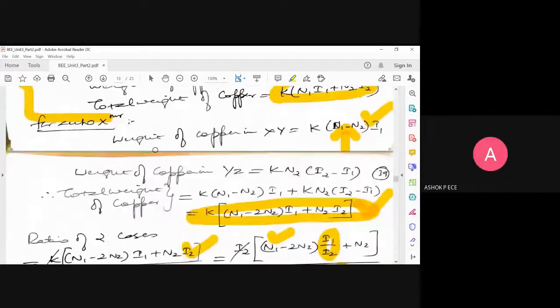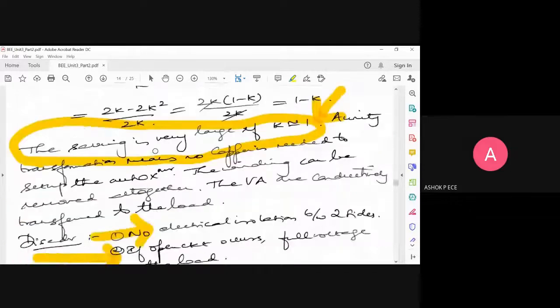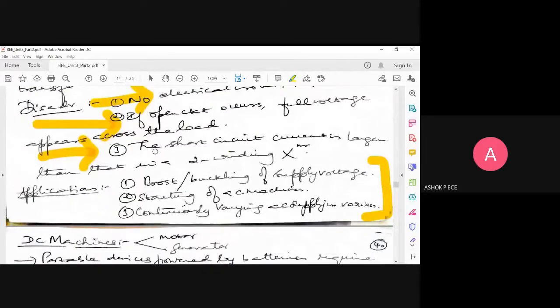Same example, just like how for smart TVs in your house you have stabilizers, right? Because your TV requires a constant voltage as input. Even if the voltage fluctuates, the stabilizer will ensure that the voltage going as input to your TV is always 230 volt. So even though your supply is only 200 volt, it will boost it to 230 and give it to your TV.